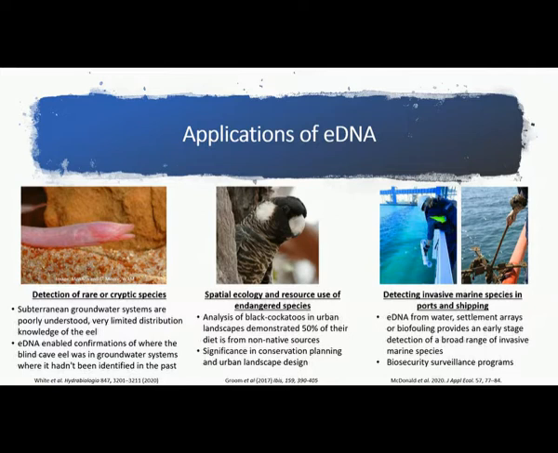And this has some impact on how to, for example, plan urban landscape design in terms of replanting with native species. And lastly, this has already been touched upon in the earlier slide, you can use eDNA to detect invasive marine species in ports, as part of biosecurity surveillance programs.